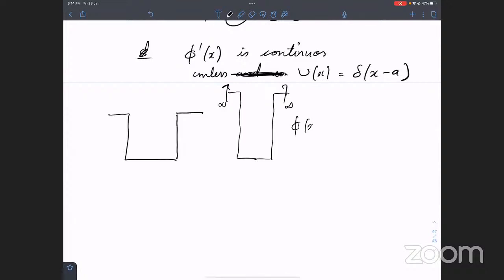Here we said phi of x is 0 outside the well, because it literally needs infinite energy, because otherwise that is the only possible state, right? The moment you say psi of x is located outside, that means I know that it should have infinite energy. So that's why we ruled it out.